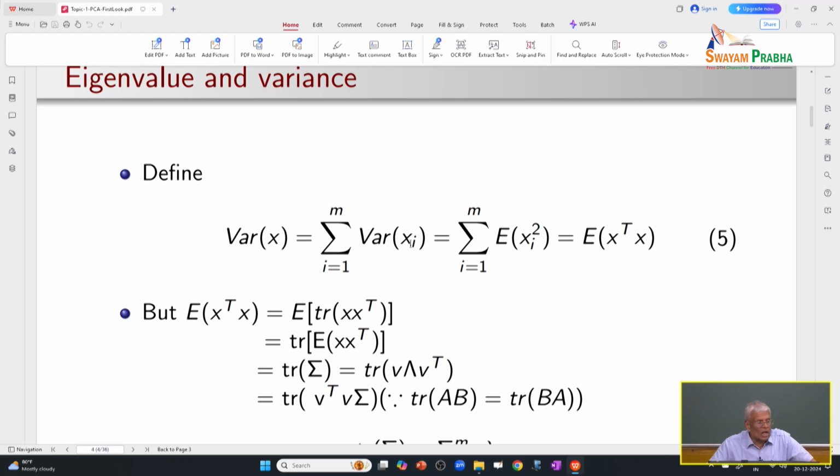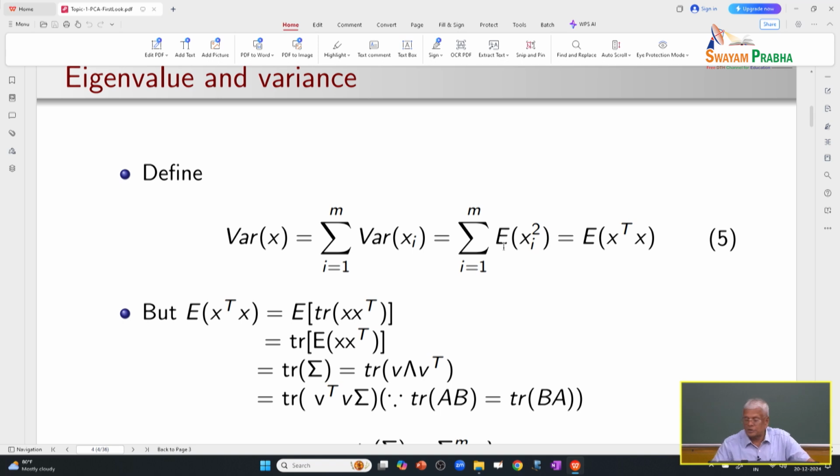Now, xi's are already centered, therefore the variance of xi is the expected value of xi square. Summation of xi square, please understand, there are two operators now, summation and expectation. Summation and expectation commute. The sum of the expectations is the expectation of the sum.